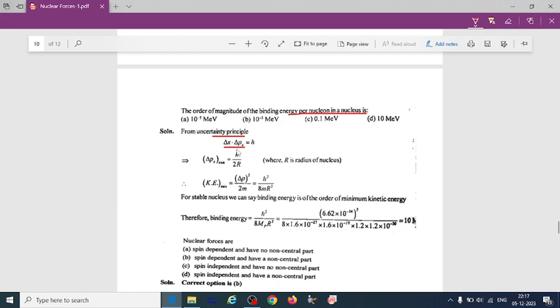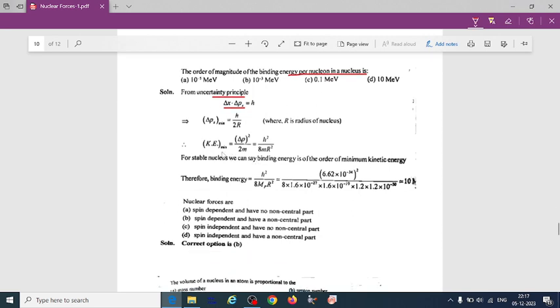Delta x is nothing but the radius of the nucleus, here 2 times r. Then if you want to write delta p in terms of kinetic energy, delta p squared divided by 2m is equal to h cross squared divided by 8m r squared.